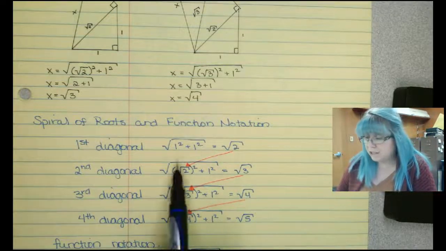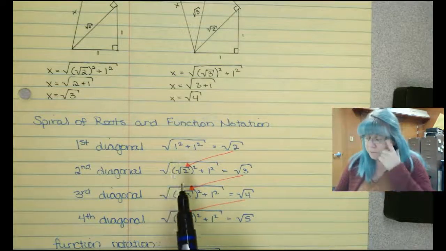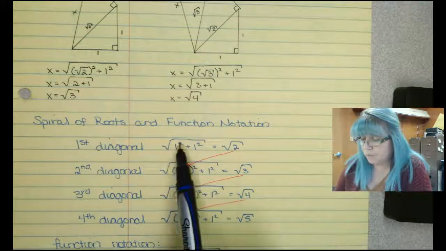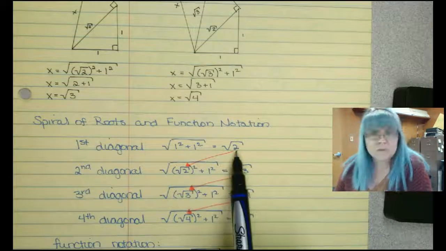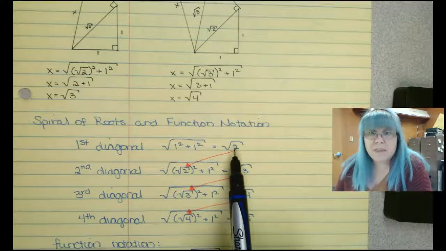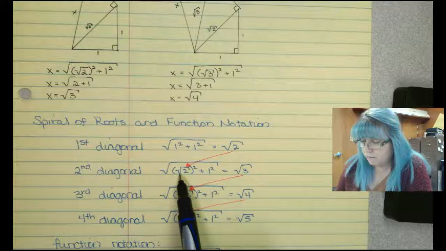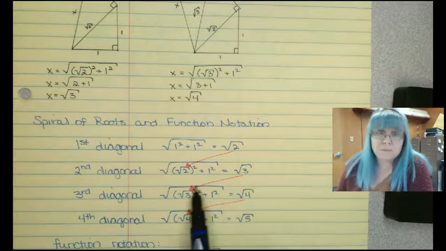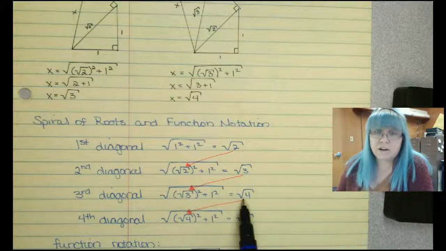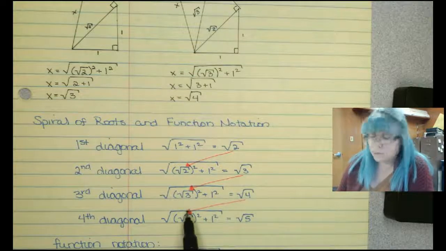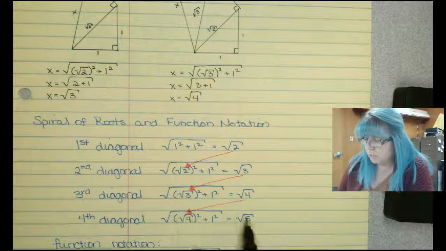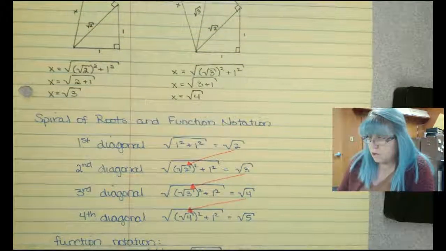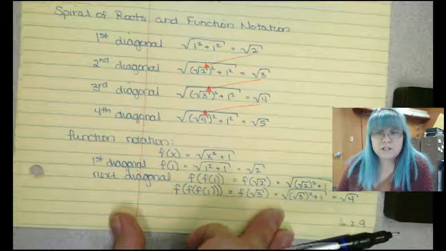This function is nice because we start off with the square root of 1 squared plus 1 squared, which gives the square root of 2. From that answer, we put it back into our function, and we get the square root of 3. We take that answer, put it back into our function, and we get the next one. We put it back into our function, and we get our fourth diagonal. So we can write it as a function.